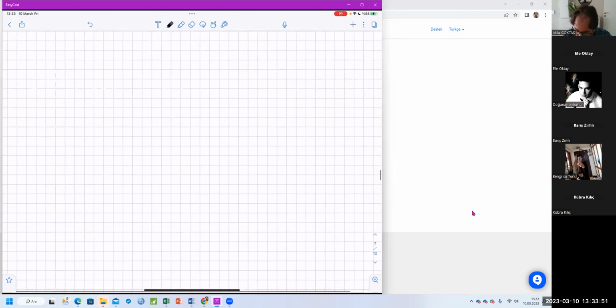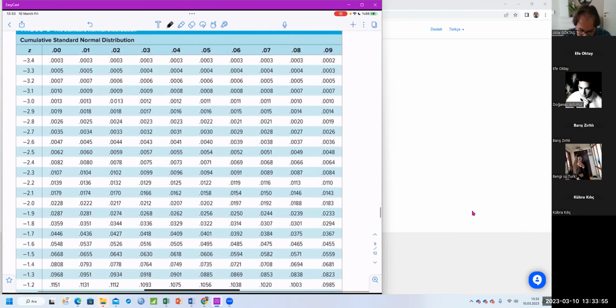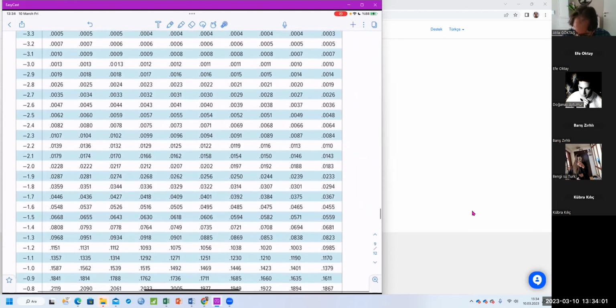So I'll go straight to the Gaussian distribution table. I need to look for where 0.05 is located. So 0.05 is here. Look at that. 0.0505 I have, which is greater than 0.05. And this is less than 0.05.